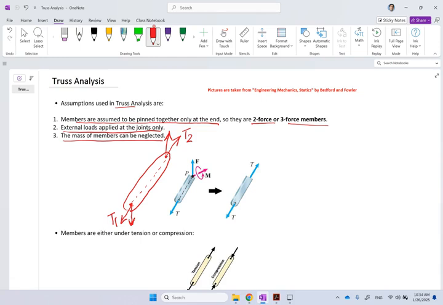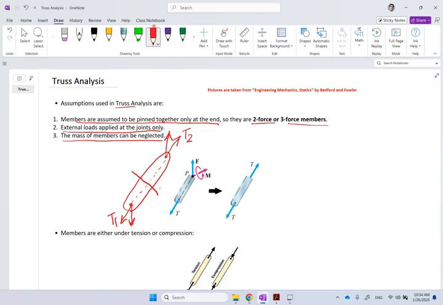Now, if you cut this member anywhere and look inside of it, based on what you know from solid mechanics, of course, you might say, well, I don't know solid mechanics, I'm just here to learn statics. But in general, when you cut any member, there are three reactions that you can see.